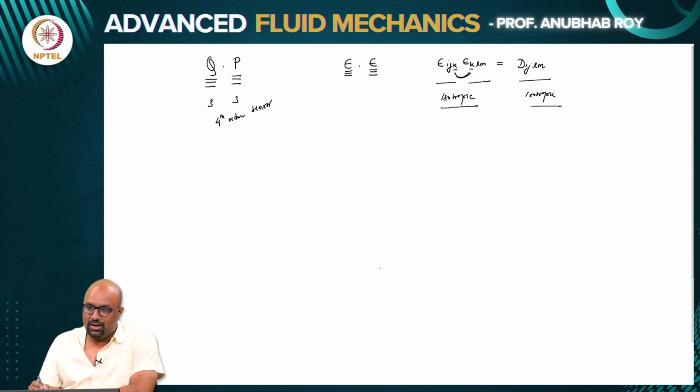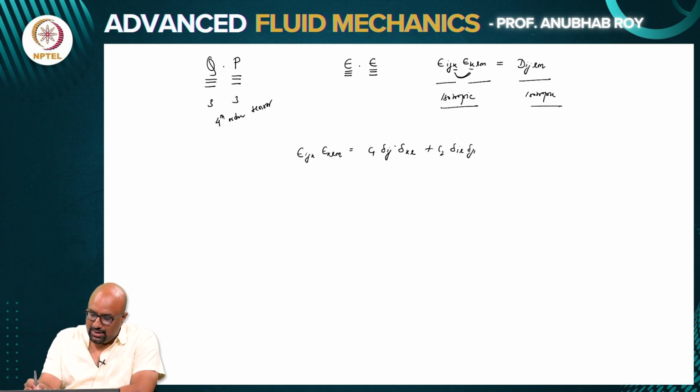We have already seen what a 4th order isotropic tensor is. It is a combination of delta_ij delta_kl, delta_il delta_jk, delta_ik delta_jl. That is the only possibility. I do not have anything else to work with.